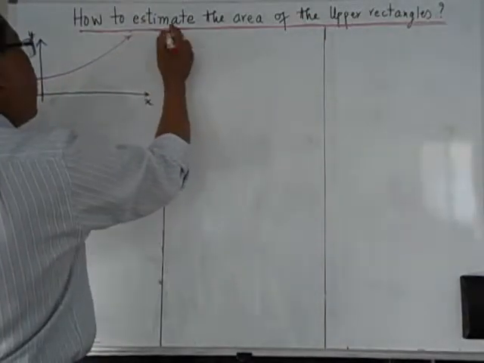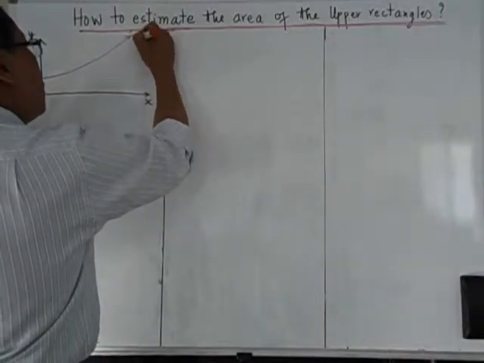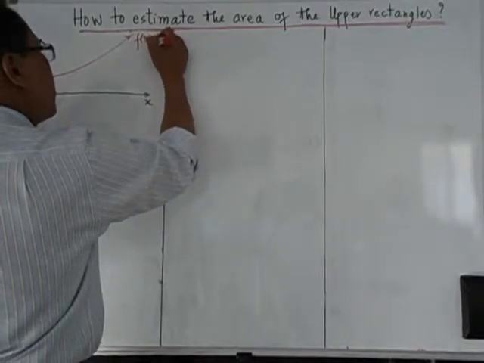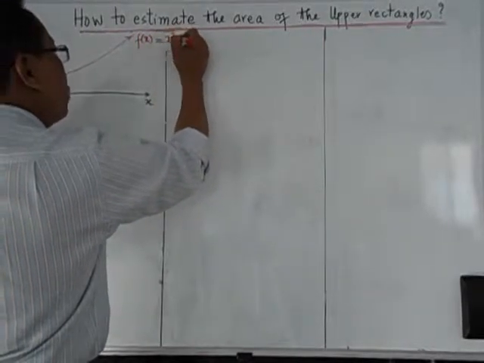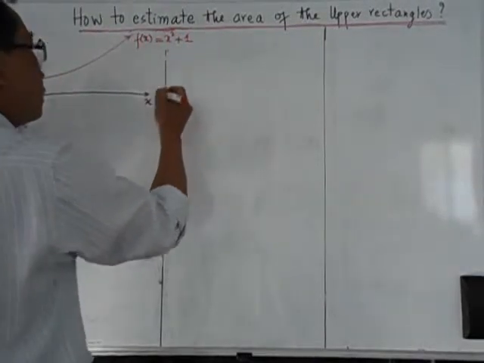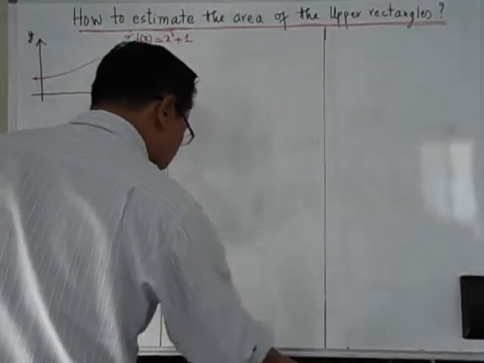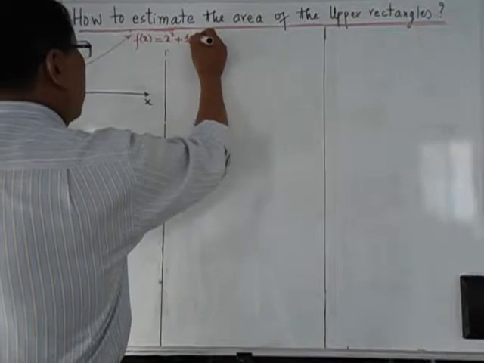This curve we call the main function, f(x) equals x power 2 plus 1, and this we call y1.